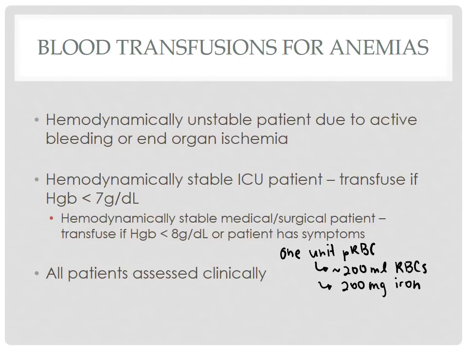And that'll be important to remember later when we talk about some of the other anemias, because some people will need that iron, but other people will not need that iron if they have to have recurrent transfusions. Also remember that if you're giving 1 unit, that'll raise a patient's hematocrit by about 3%, and their hemoglobin will go up by about 1 gram per deciliter for each unit that you give.